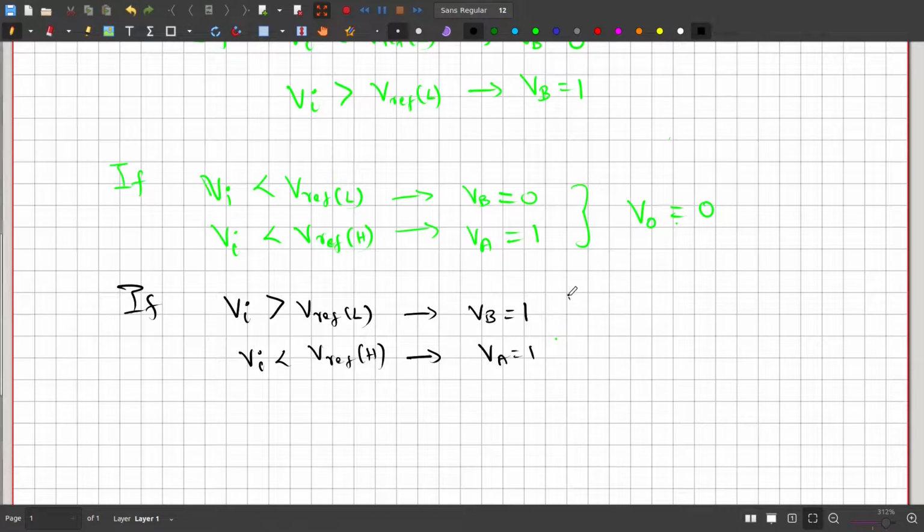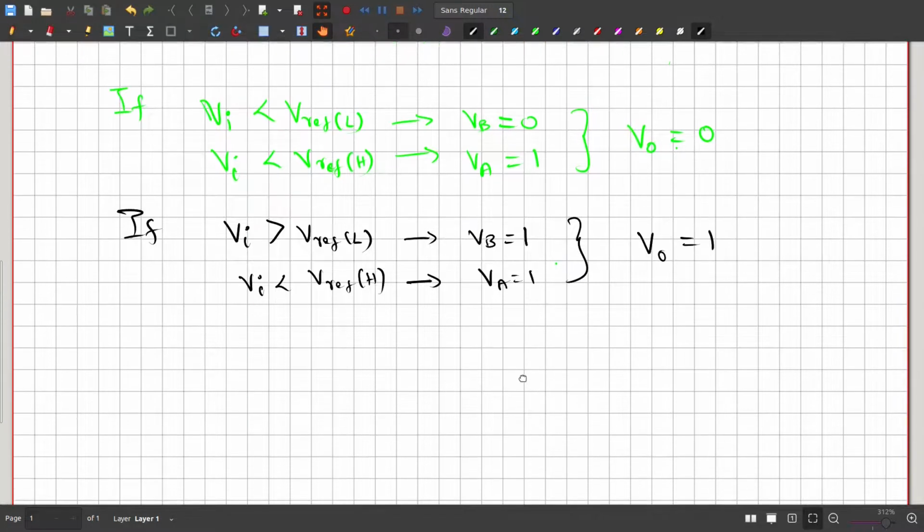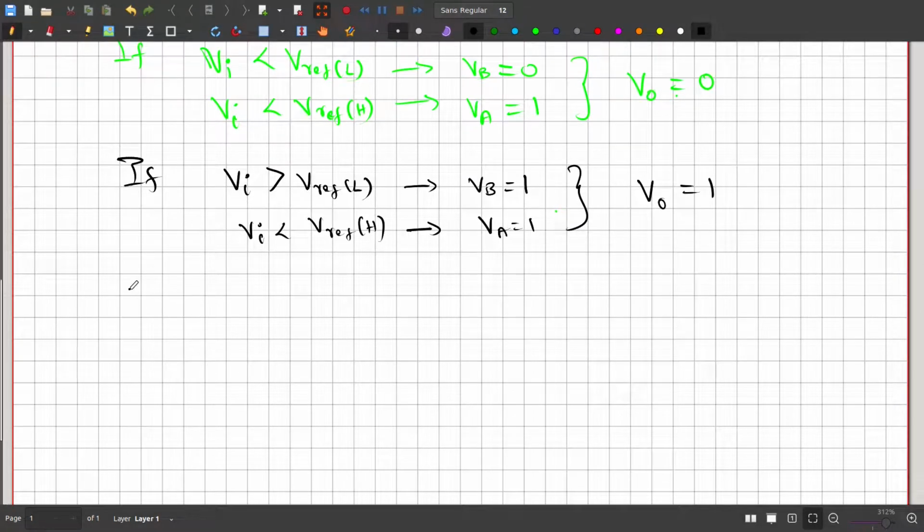Since both inputs are high, the AND gate shows a logic high, right? Okay. So what if Vi is now greater than both the reference voltage VrefL and greater than VrefH?